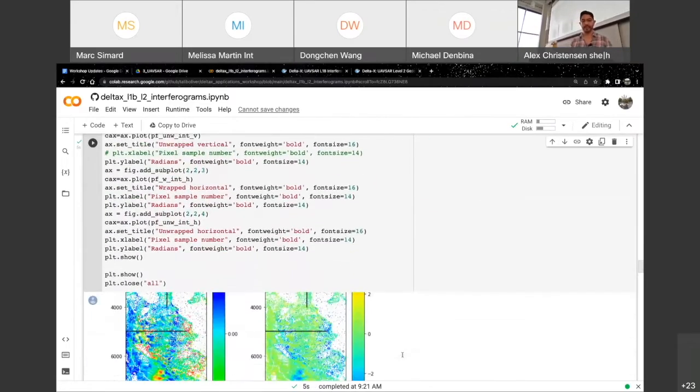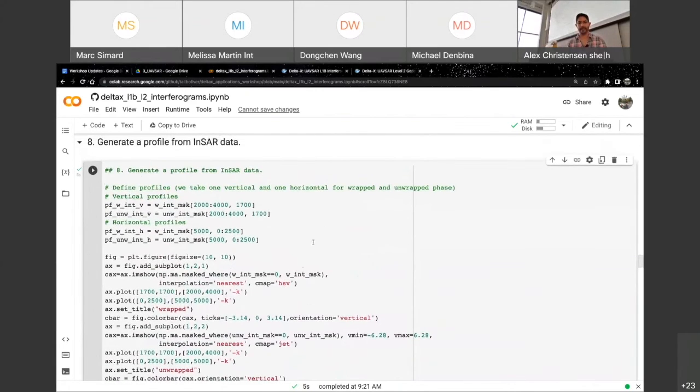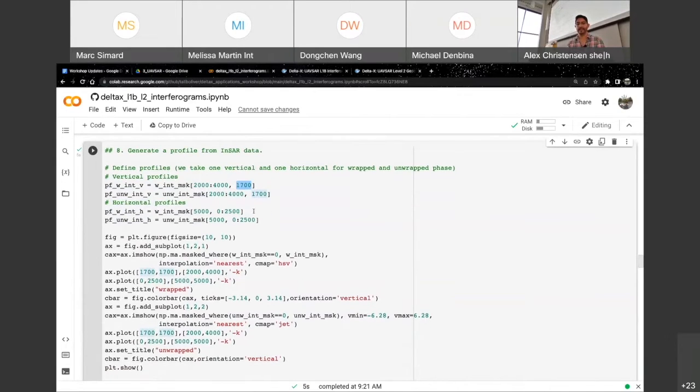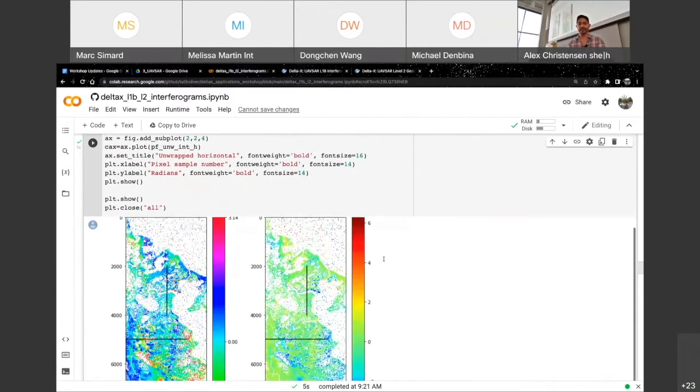So we run this cell. You can see that at the top of the code, I created horizontal profiles and vertical profiles. Basically, in one case you change values in the X direction and stay at some point in Y, or change values in Y and stay at some point in X. And this is how it looks.